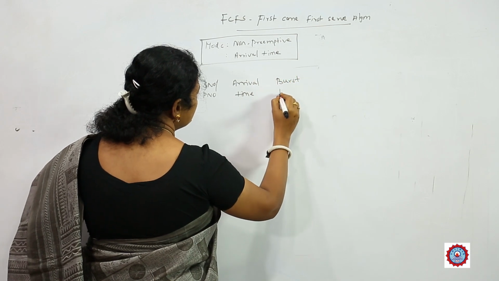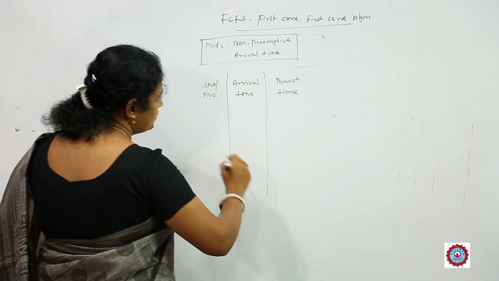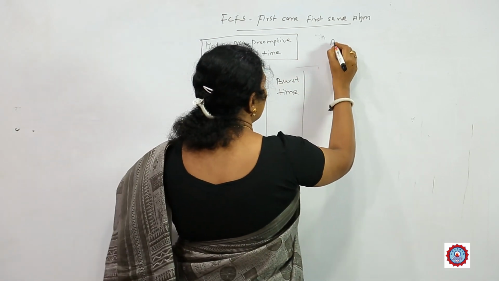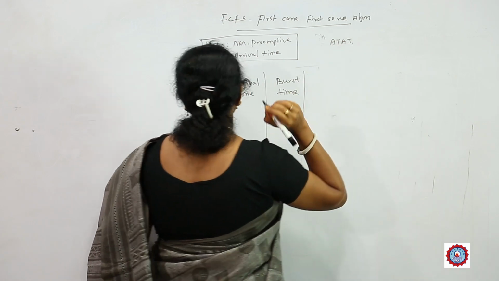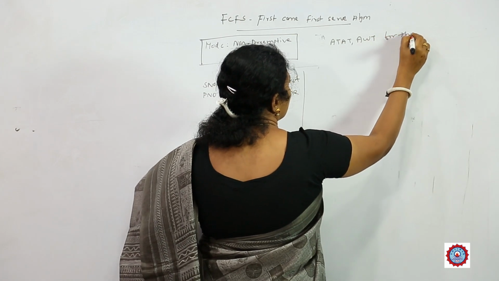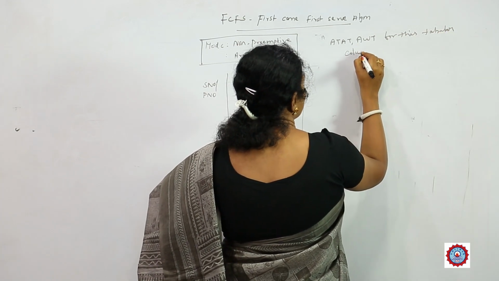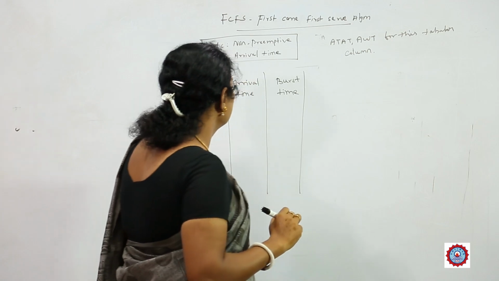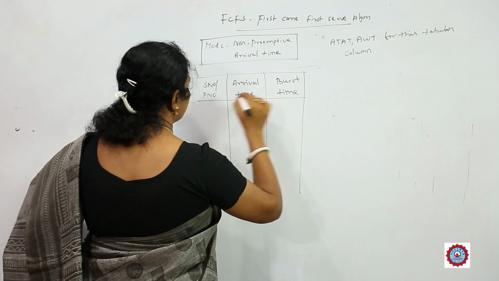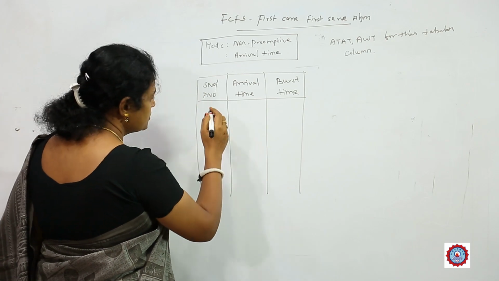So, this is the exercise I am giving for you to work out now, and from this you are supposed to calculate the average turnaround time and average waiting time for this tabular column. So, this will be the question given to you. From this tabular column you are supposed to calculate the average turnaround time and average waiting time.